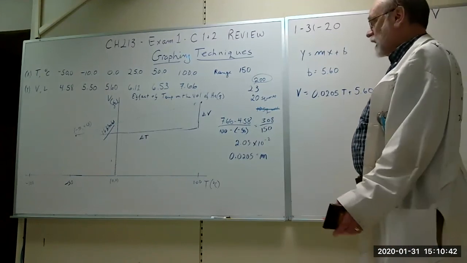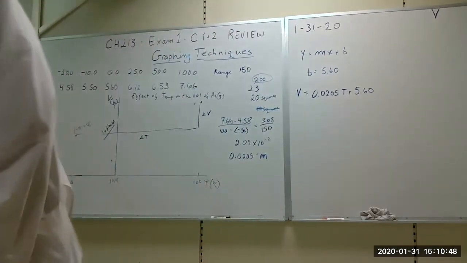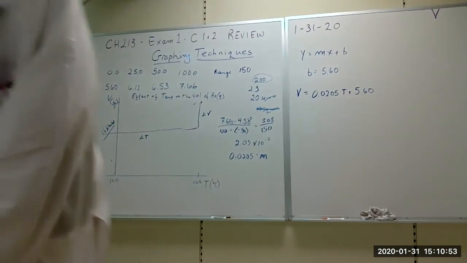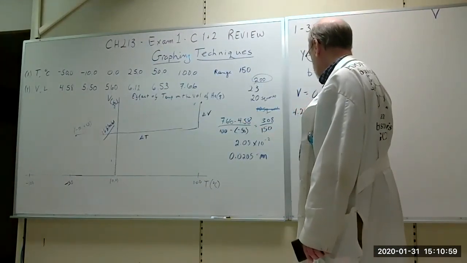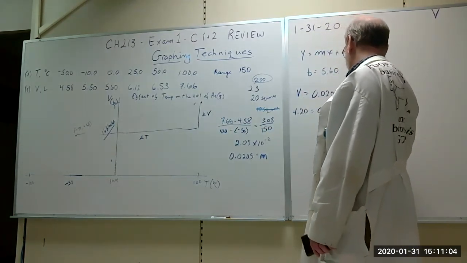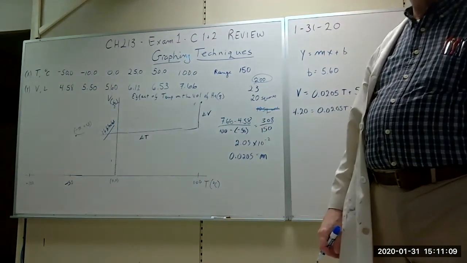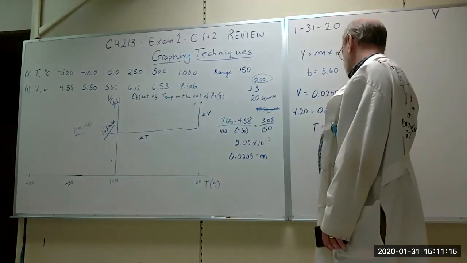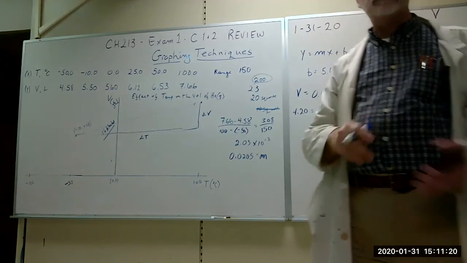Now, if you want to find out, let's see, what was the question? At what temperature would the helium sample have a volume of 4.2 liters? Volume of 4.2 liters. Right here. Now you just solve for temperature, right? I think I did this earlier, and I think temperature is like minus 68 degrees C. Something like that.